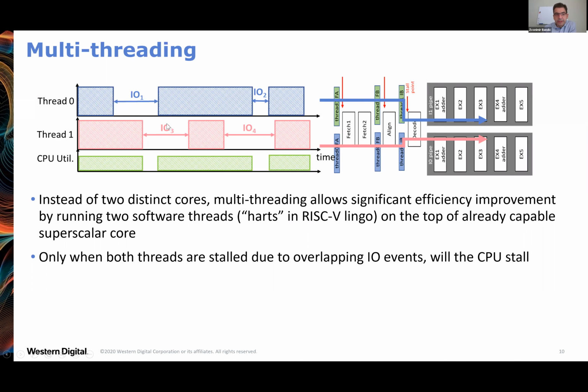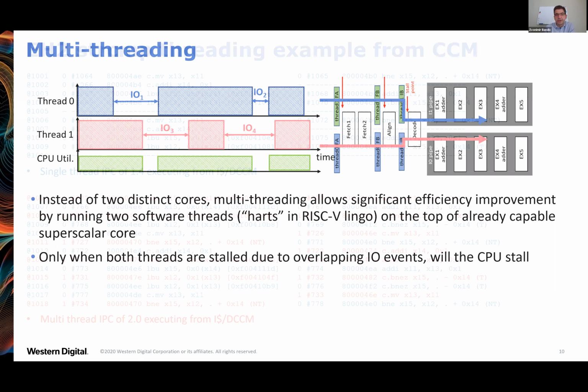With a dual-threaded core, you're running two independent threads, and another thread can take advantage of the first thread stalling and execute at full speed. Overall, if you have this kind of use case, the CPU utilization can become very high, and in practice, you get two cores for the area and power of one.